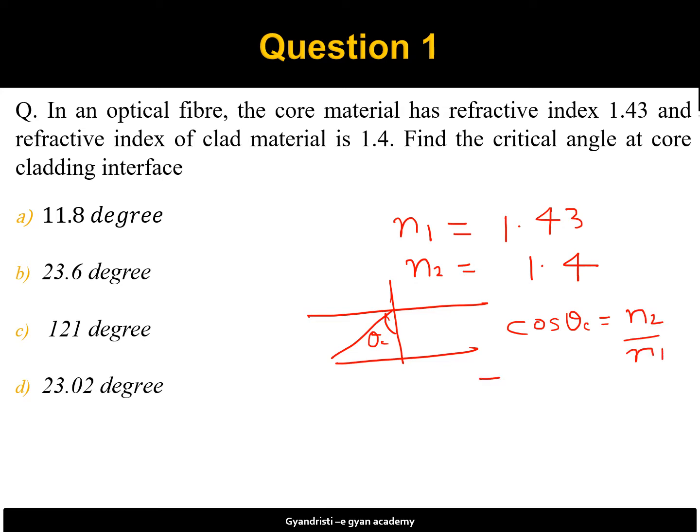If you substitute n2, that is 1.4, and n1, that is 1.43, you will get 0.979. Okay, so if you further solve it, you will get theta c is equal to 11.8 degree. So the correct option is option number A.